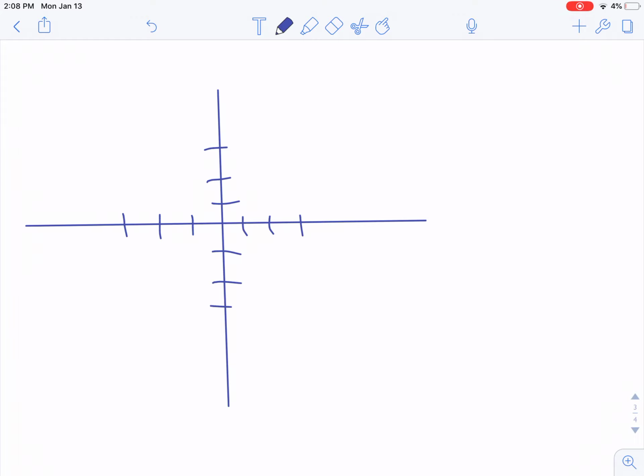So on this graph, they've given me certain pieces of information. They gave me that I have intercepts at -2 and 3. And so I'm going to write this information down as I go because this is going to help me write my equation. So I have intercepts at (-2, 0) and (3, 0).